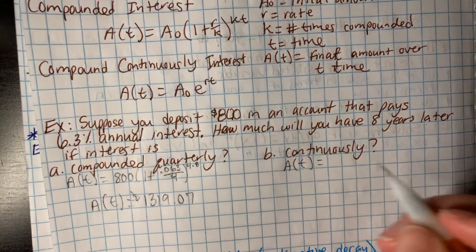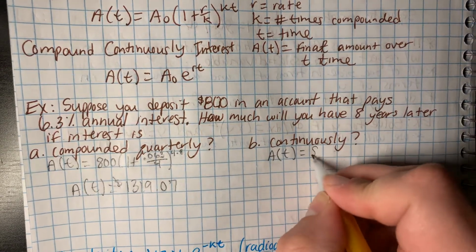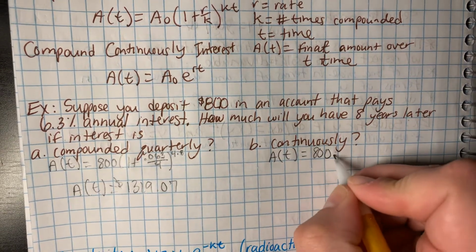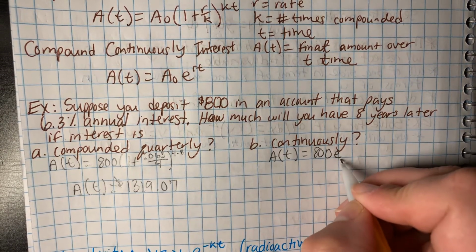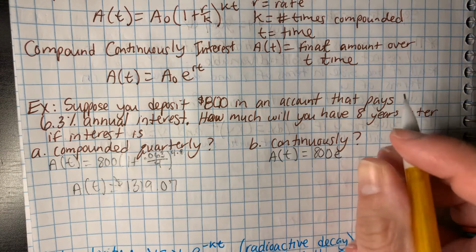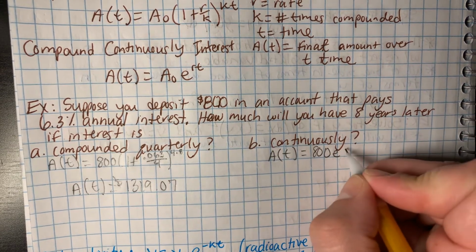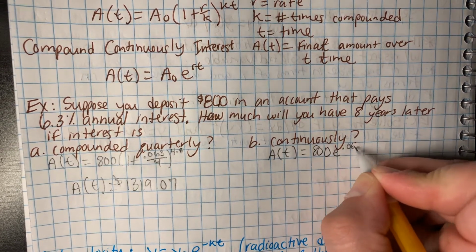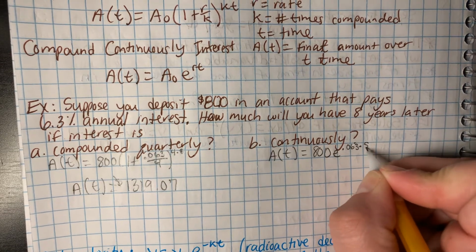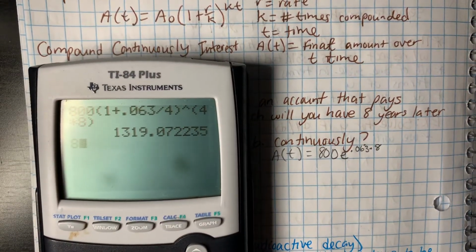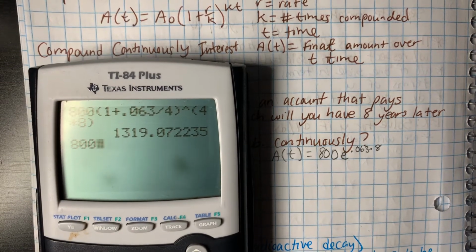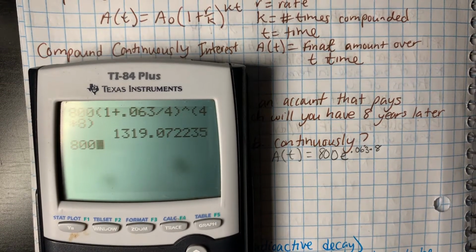All right. If we compound continuously, we can use our continuous equation, and let's see what the amount is to compare. So our A0 is going to be 800. e, that's, remember, a number, so e is not going to be anything. It's going to always be e. Our rate is 0.063 and a time of 8 years. So let's plug that into our calculator. e is going to be a number, so it's on your calculator somewhere.